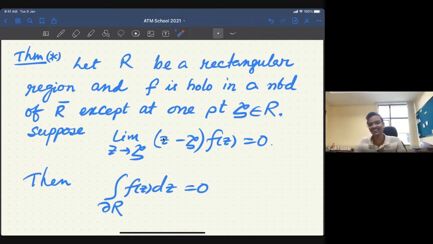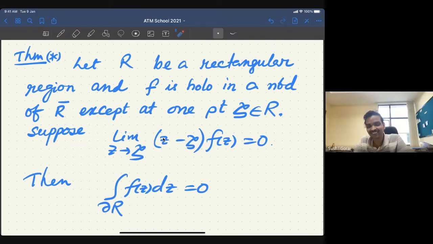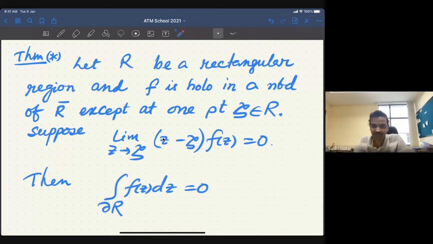So using removable singularity, we should have one analytic function which is the same as f(z) except at the point z0, and the integral for that function will be 0 by the previous theorem. But actually we are not talking about the removable singularity as you defined.